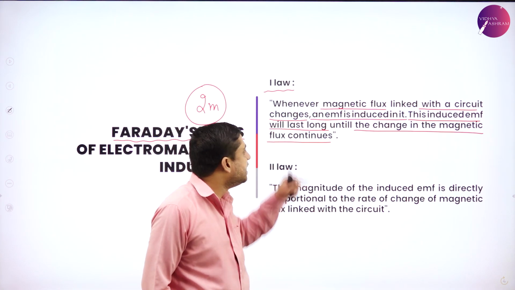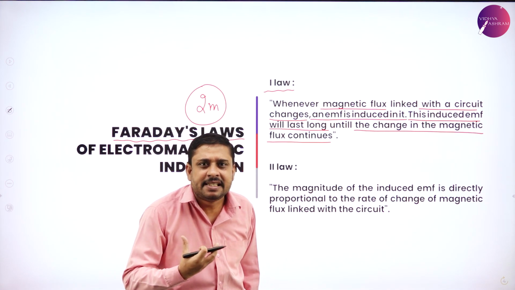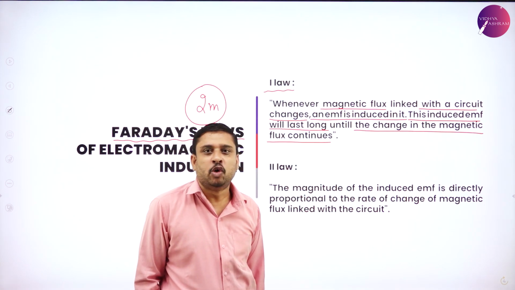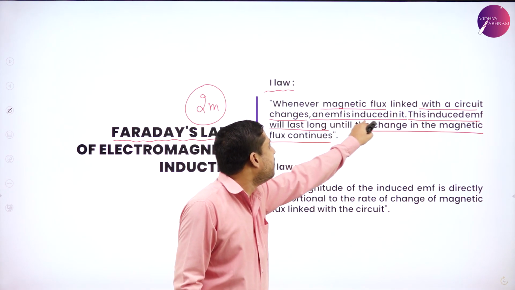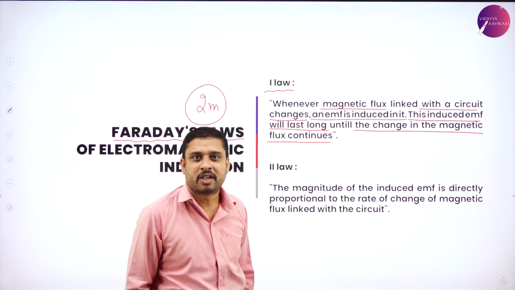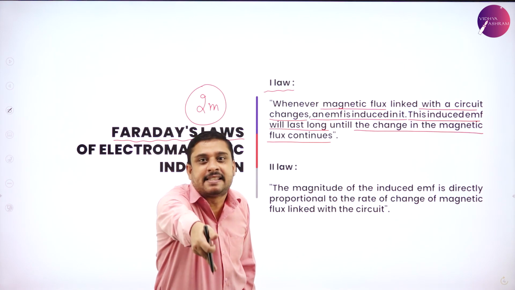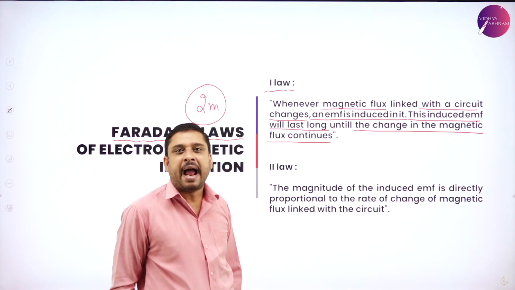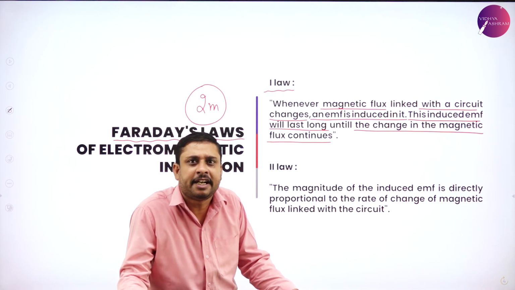So very clearly he says, whenever magnetic flux linked with the circuit changes, only then EMF is induced in the circuit. If you want an EMF to be induced in a circuit, kindly change the magnetic flux linked with it. How to change the magnetic flux?